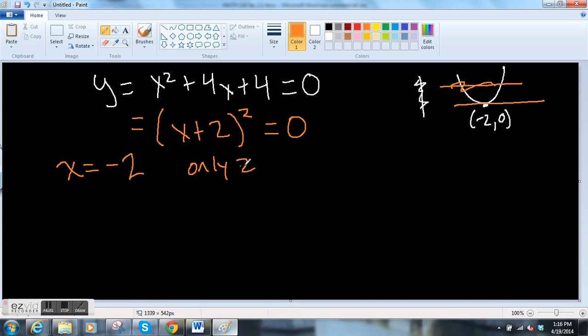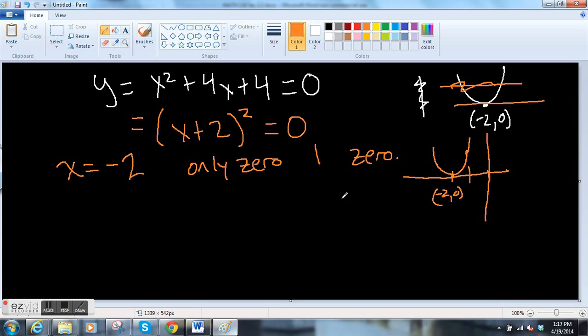That's the only zero. So there's just 1 zero. And that tells us, as we see from our picture here, that the parabola only hits the x-axis in one place. So when it said sketch the graph, there's negative 2, 0, and then negative 1 there. How's that for a nice graph sketching?